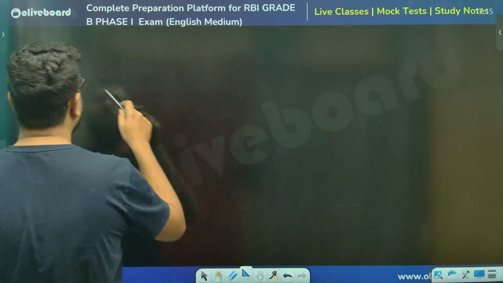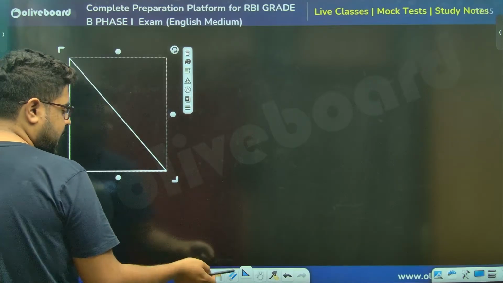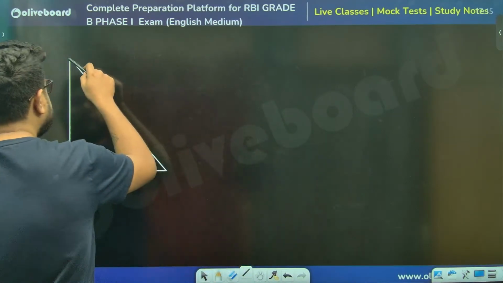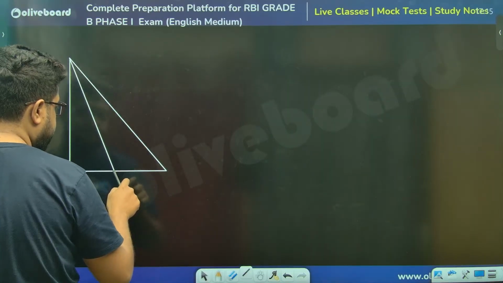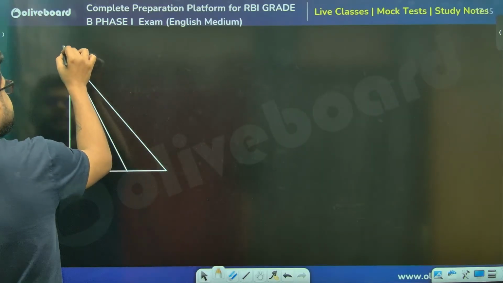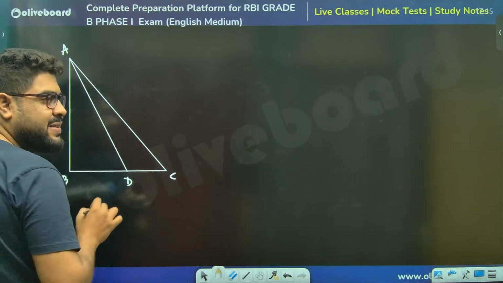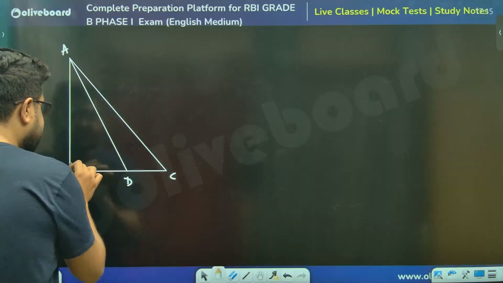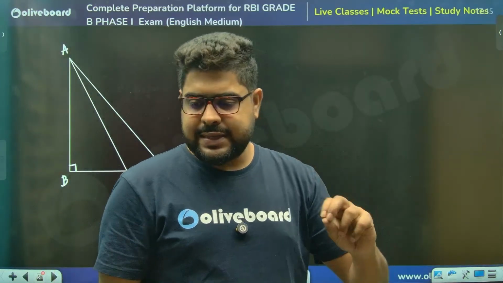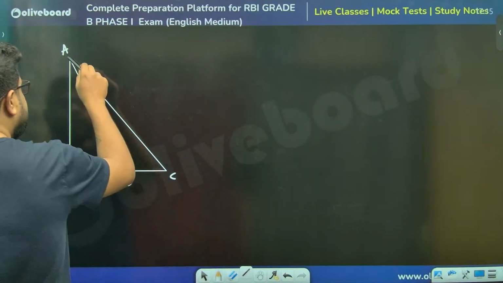Whenever you are seeing something like this, say for example, this is a right angle triangle, and there is another line. So please understand, A, B, C is the triangle, and this is D. Let's make this a little difficult.